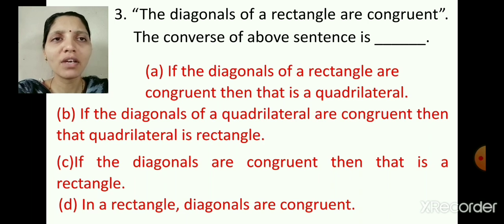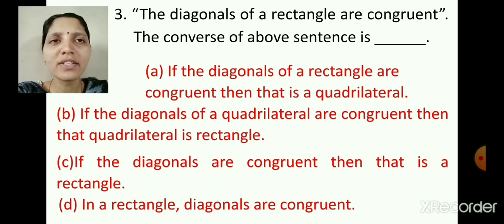If the given quadrilateral is a rectangle, then its diagonals are congruent. So that statement you have to write the inverse way. Means what? If the diagonals of a quadrilateral are congruent, then that quadrilateral is a rectangle. So this should be your answer.